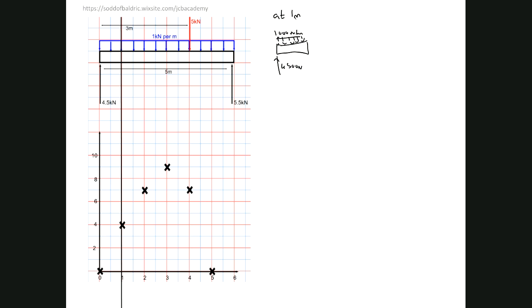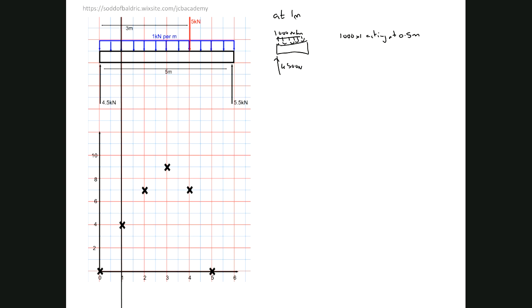If I resolve that UDL, that'll be 1,000 times 1 meter acting at 0.5 meters because it acts at halfway along.